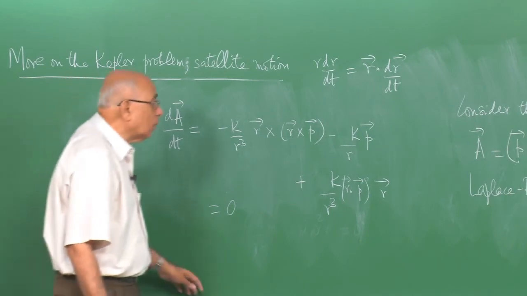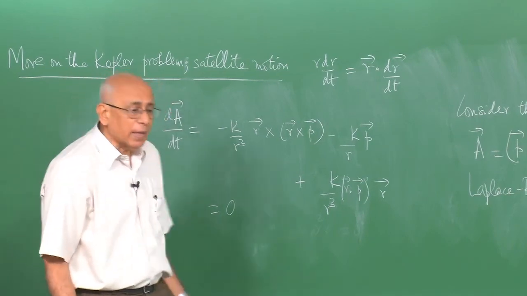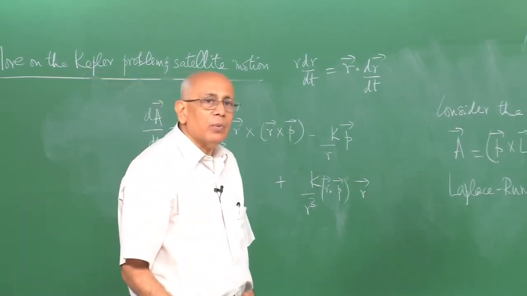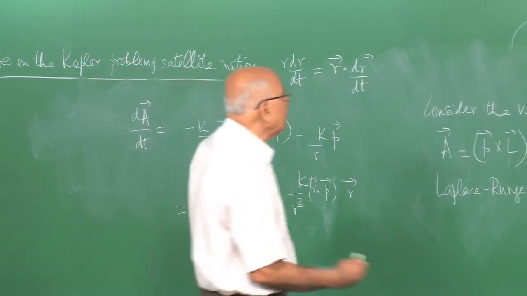Now it remains to figure out what it looks like, which direction it is in, and that can be done wherever you are on the orbit, at any convenient point.